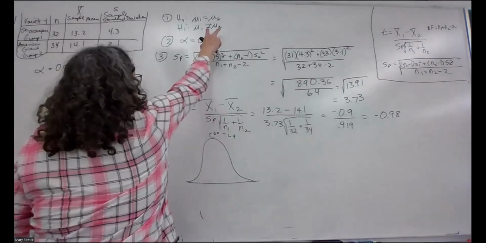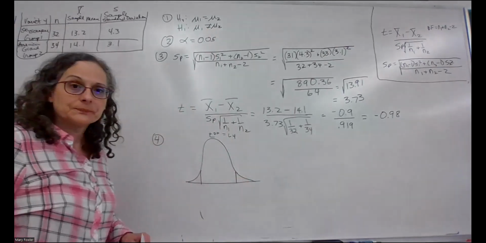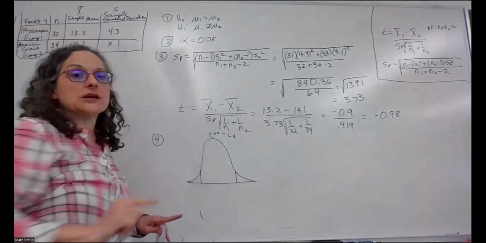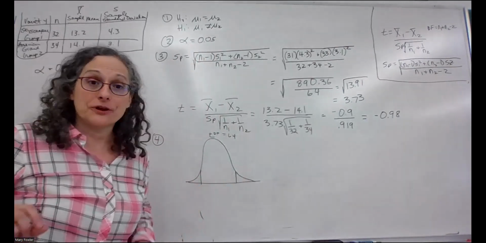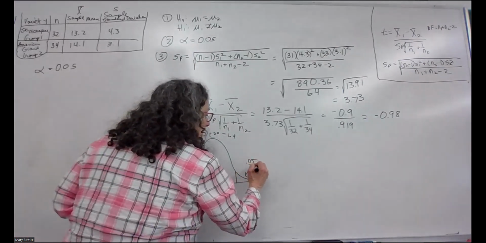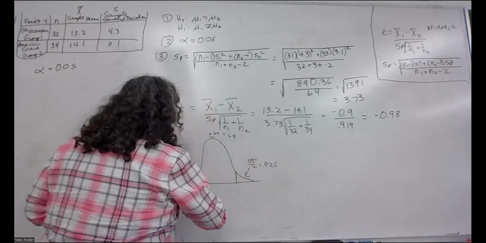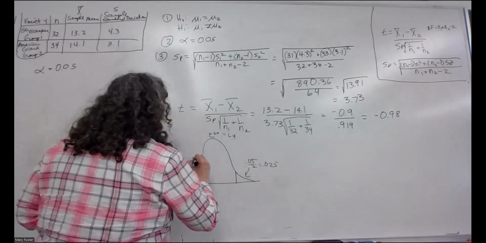And it is two-tailed, so the rejection region has 2 parts to it. And the total area in the rejection region has to be equal to 0.05, and these 2 tails are equal. So each tail, 0.05 divided by 2, 0.025, and this one as well, 0.025.